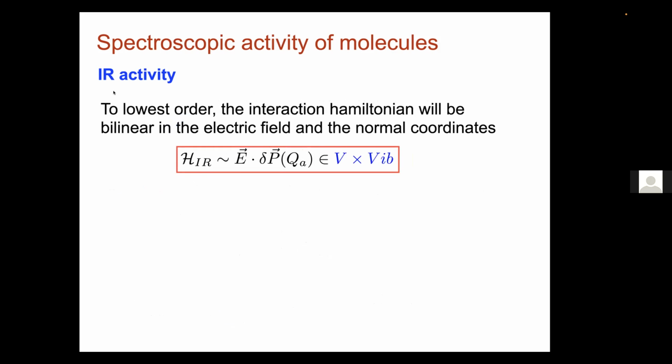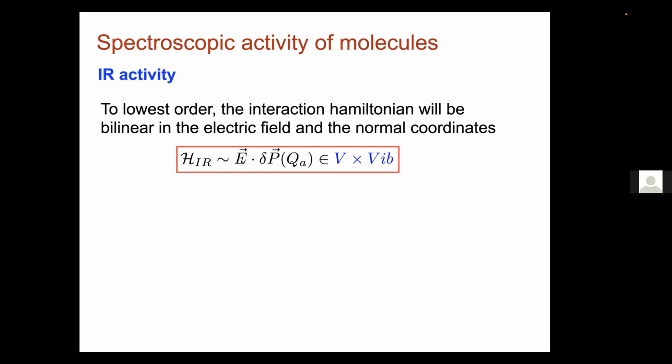So now we use the same trick that we used last time. It's easier to work with something which is a scalar, like the Hamiltonian or like the energy. So if you have a dipole moment, oscillating dipole moment, the energy is given by the scalar product with the electric field. And on the other hand, we know that this delta P is a linear combination necessarily of the normal coordinates.